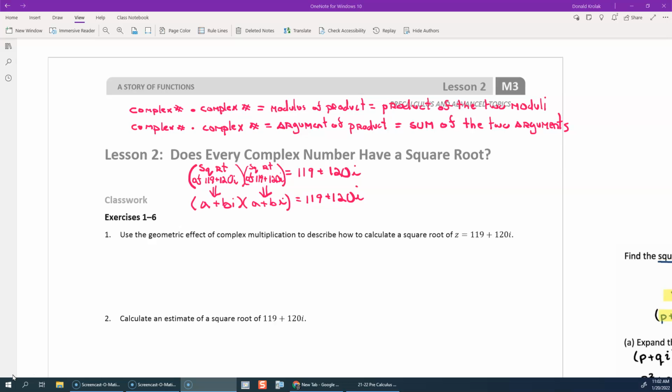All right, so what we just came up with, guys, was that the modulus of the square root is equal to the square root of this modulus. You're like, what?